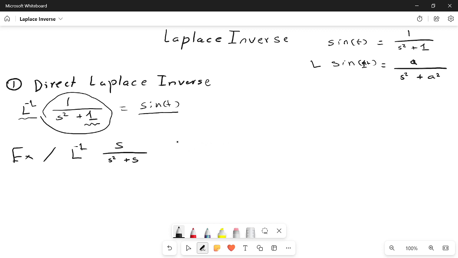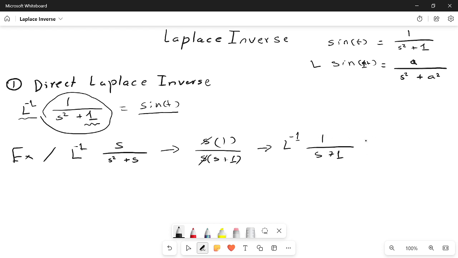All you have to do is take the common multiple from the denominator and the numerator, so you simplify the fraction. If you take s as the common multiple from both the top and bottom, you would find that it would equal this form. And by cancelling the s, you are left with the Laplace inverse of 1 divided by s plus 1.